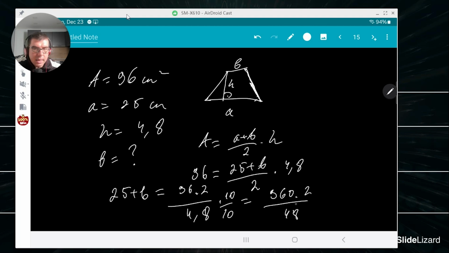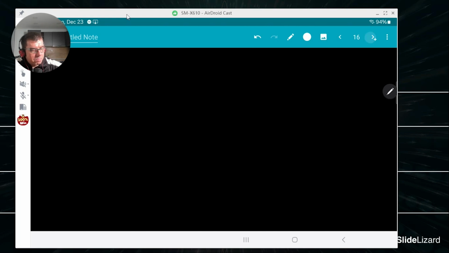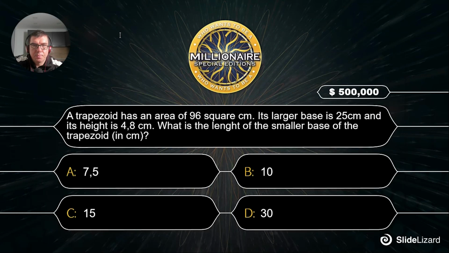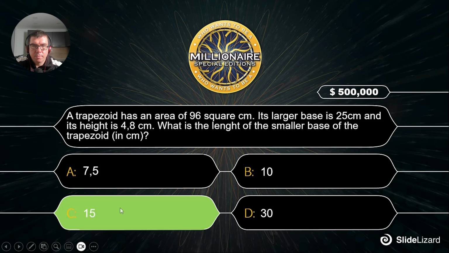Now 960 is divisible by 48 and we get to 20, right? Because 2 times 48 is 96. 20 times 2 is 40. So B has to equal 40 minus 25, which is 15 centimeters. And this should be the answer. Yep, that is correct.